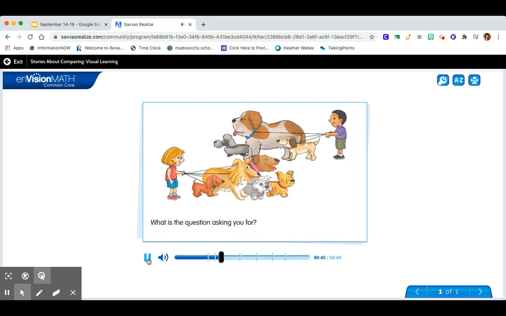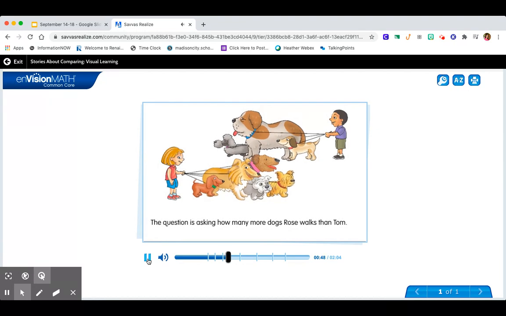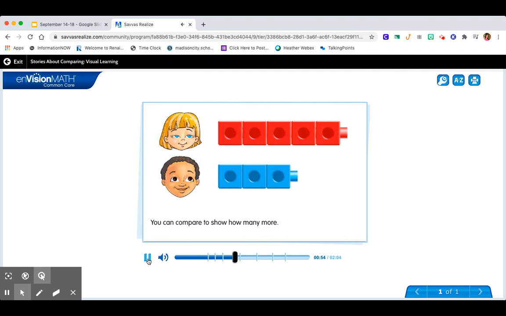What is the question asking you for? All right. So think about, what are they asking us to do? The question is asking how many more dogs Rose walks than Tom. You can compare to show how many more.